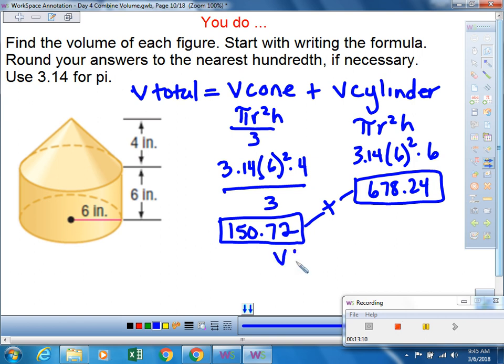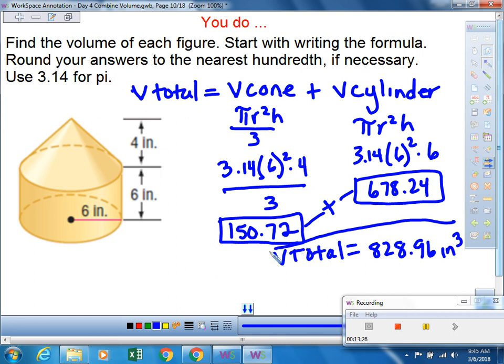So my V total, my volume total is 828.96 what? Inches cubed. Raise your hand if you got that right. All right. So if you didn't, look to see what you are doing incorrectly.